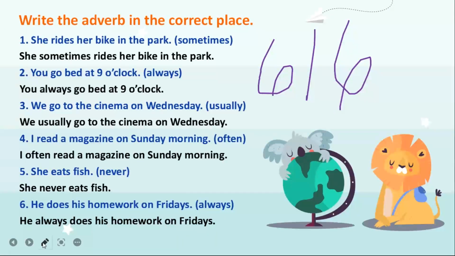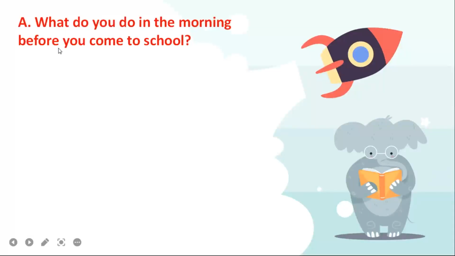Okay, so now let's proceed with the next one. So I want you to answer the question. What do you do in the morning before you go to school? I always eat breakfast.